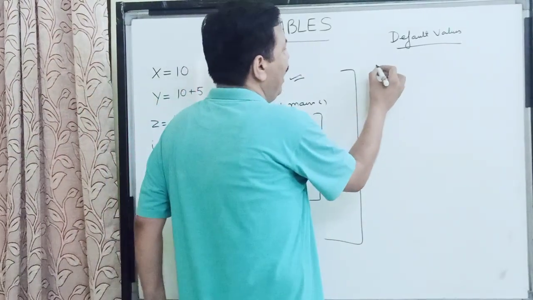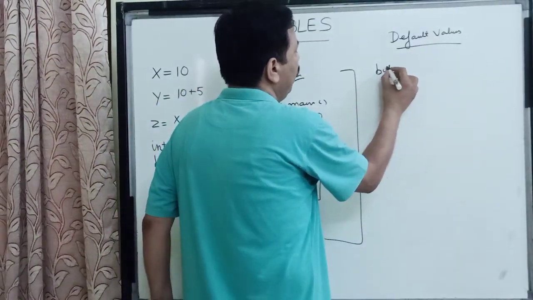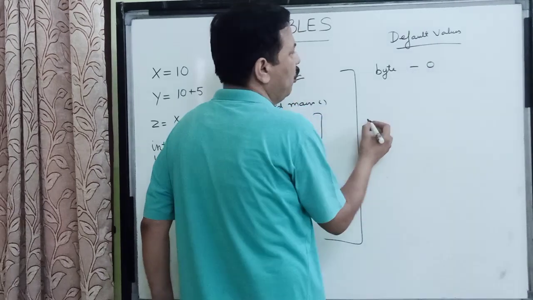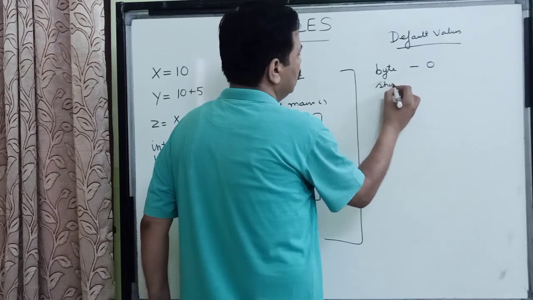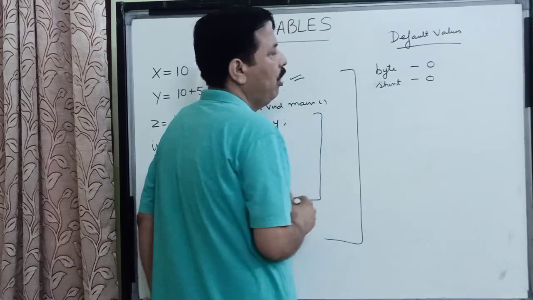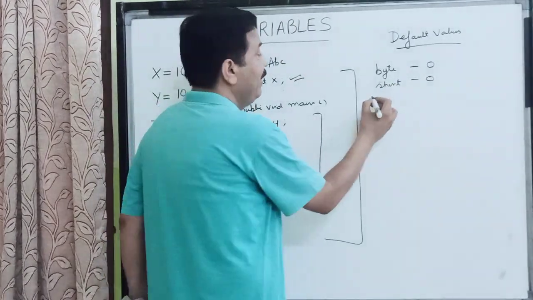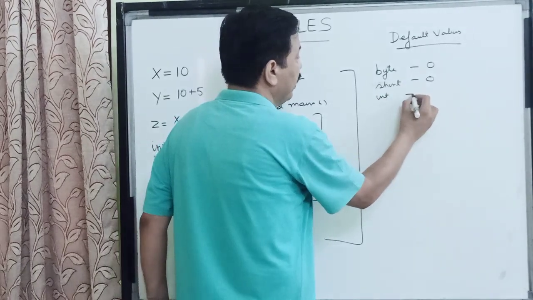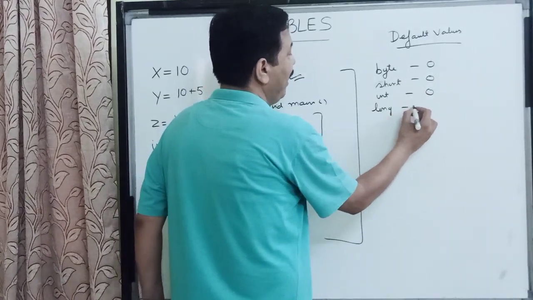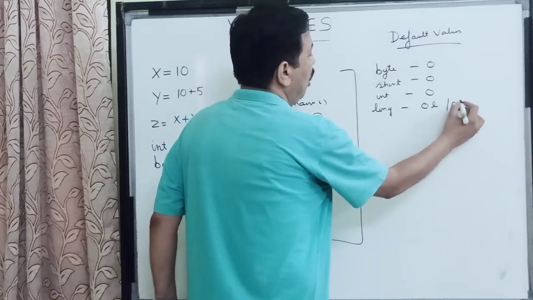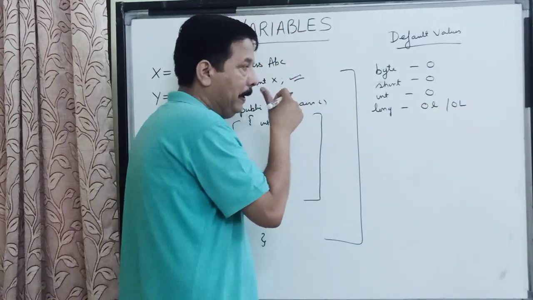So children, we have different data types. Byte, for byte the default value is 0. Then the next is short, and for short the default value is 0. Then the next comes integer, again the value is 0. Then we have long, the value is 0L, in capital or small.